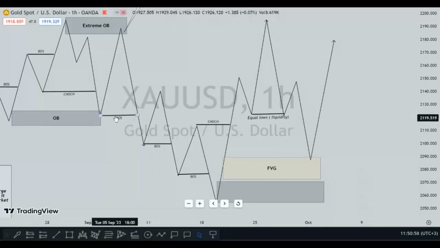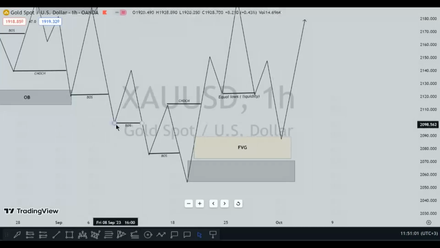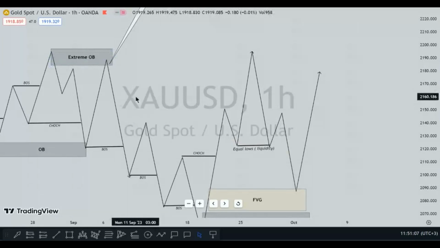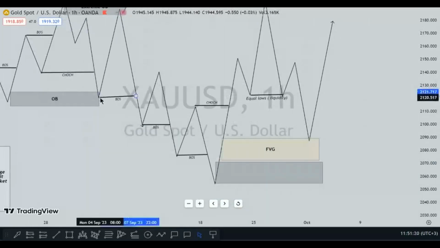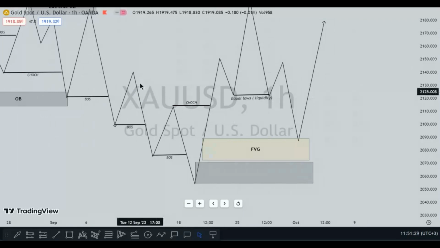Now, after price breaks this lower low, it is a clear indication that we are after the change of the trend from an uptrend to a downtrend, and the market is still likely to continue with the downtrend. Well, price broke this lower low. That's why I've marked here as a break of structure.